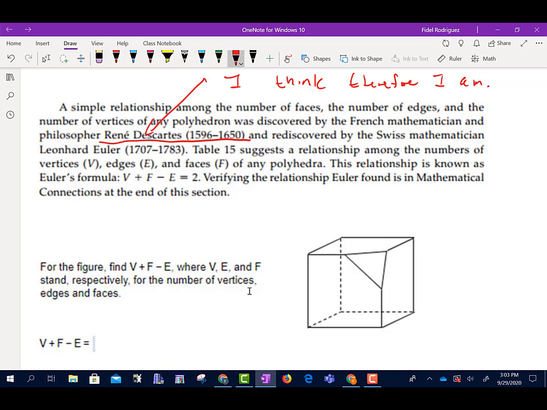It was rediscovered by a Swiss mathematician named Leonhard Euler. This is how you pronounce his name, Euler, like the Houston Oilers back in the day. Table 15 suggests a relationship among the number of vertices, V, edges, E, and faces, F, of any polyhedra. This is known as Euler's formula. So here is my formula right here.